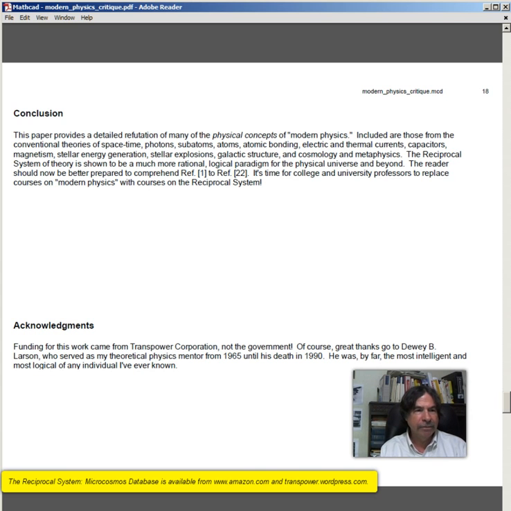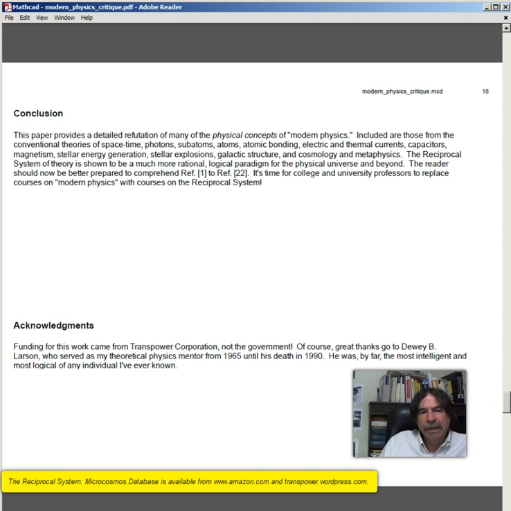The reciprocal system of theory is shown to be a much more rational, logical paradigm for the physical universe and beyond. The reader or viewer of this theory should now be better prepared to comprehend reference 1 through reference 22. It's time for college and university professors to replace courses on modern physics with courses on the reciprocal system.